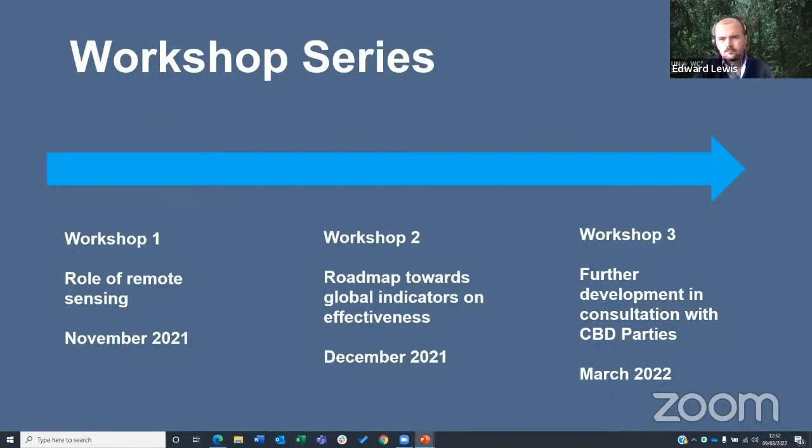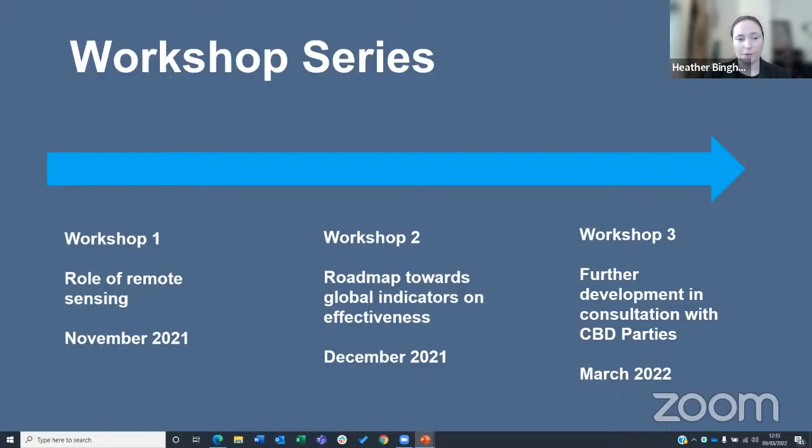So as Ed has said, the part of this indicator that is on coverage of protected areas and OECMs is very well established. The second part of the indicator, which is by effectiveness, is in development. As Ed mentioned, that development has recently taken the form of a series of expert workshops, the first of which was on the potential role that remote sensing could play in this indicator.